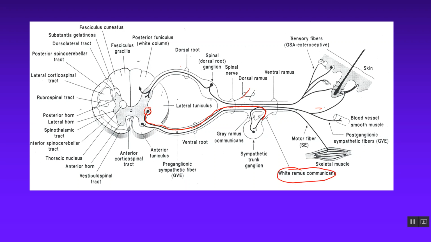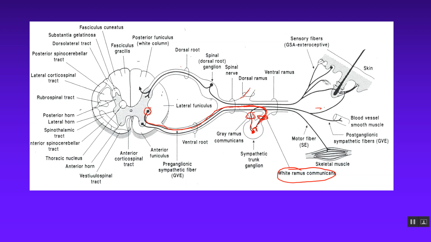I think I was telling you that was the gray ramus. I can't remember, I'd have to go back to it, it's on tape, so you can prove me wrong. Just make sure you're comfortable that this is the white ramus here, the first one. So it bypasses the gray ramus to enter the white ramus, makes its connection, and here's the cell body here, and then this is the gray ramus.